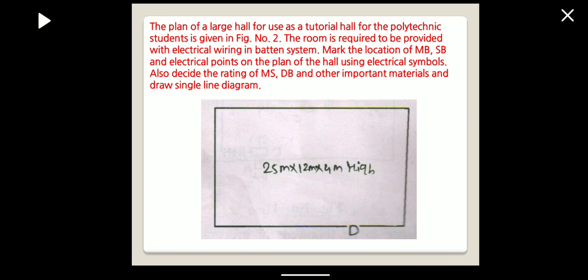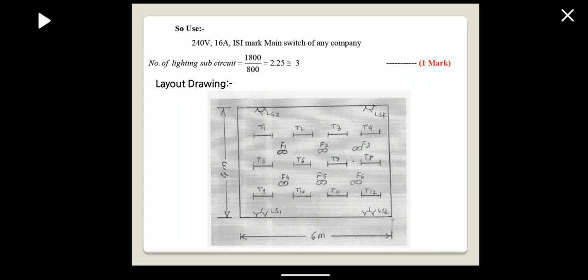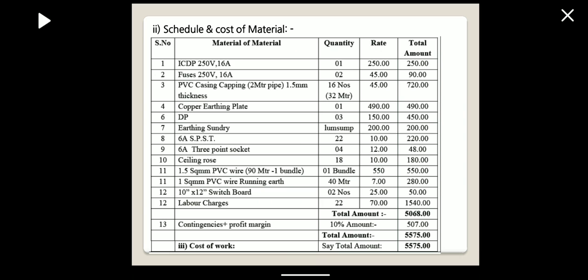So this is the layout drawing. Installation plan 6 by 8. Total tube lights is 12, fans are 6, and the sub-circuits are total 3. So 3 sub-circuits and 1 main sub-circuit.